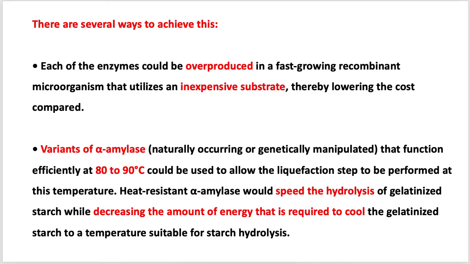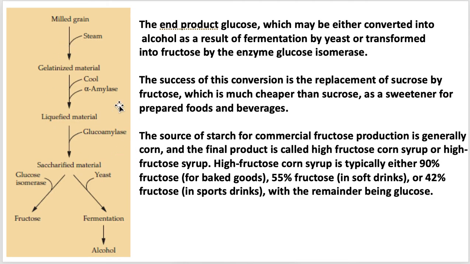So one is, by genetic engineering, I mean the enzymes which are used in production of fructose or alcohol from the milled grain, such as corn flour, these enzymes themselves are produced by fermentation technology.